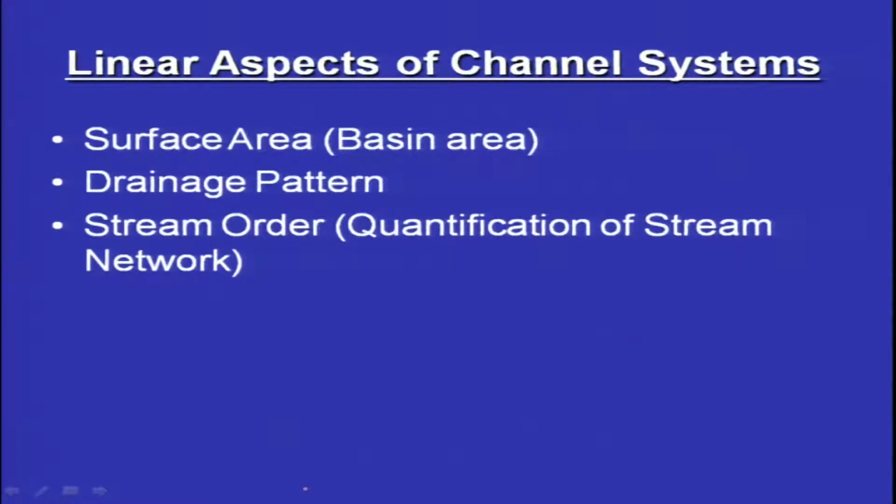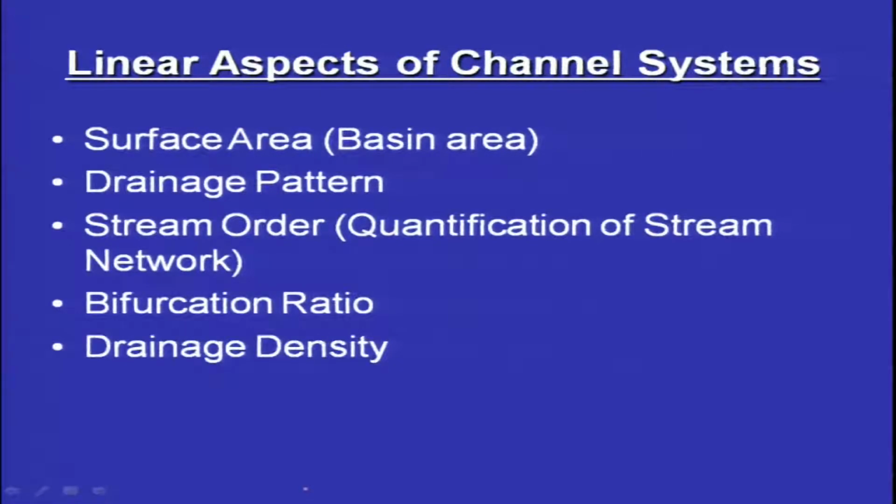And this can also help in identifying the subsurface lithology. Then coming to the bifurcation ratio, it is also important, how the lower order and higher order streams are seen in the basin, how they are distributed. Then drainage density will again play an important role in runoff. When there is a heavy rain, then this will play an important role.